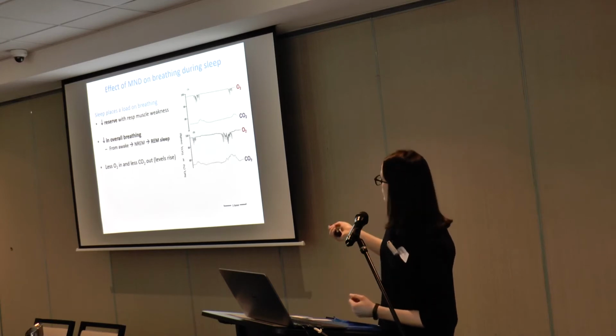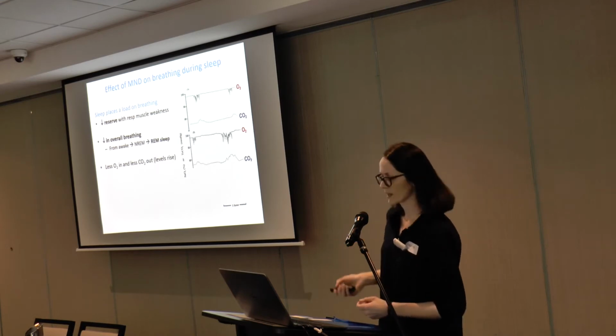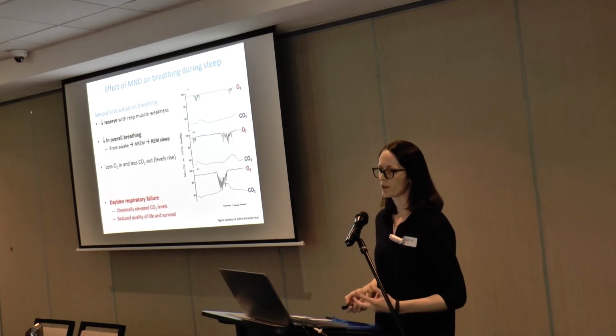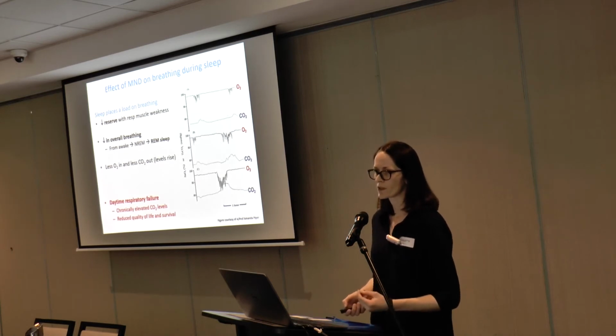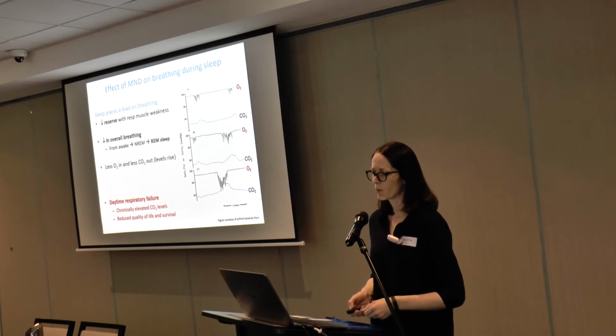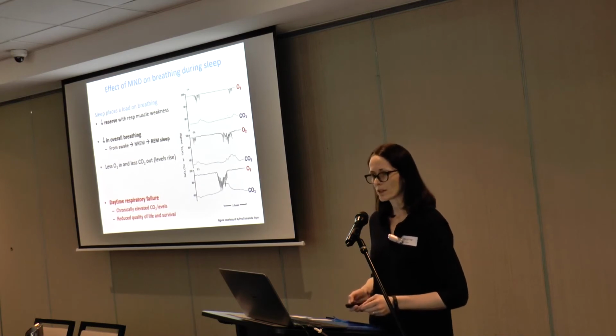You can see the dips in oxygen get worse and the carbon dioxide going up gets higher. Eventually it can start to affect breathing during the day. If carbon dioxide levels are chronically or persistently elevated above normal, that's termed daytime respiratory failure, and this is associated with a reduction in both quality of life and survival.